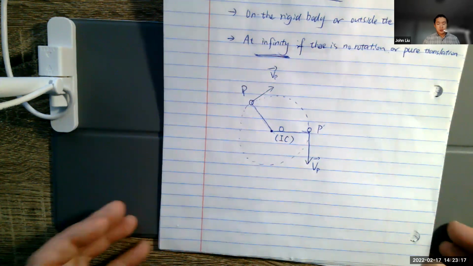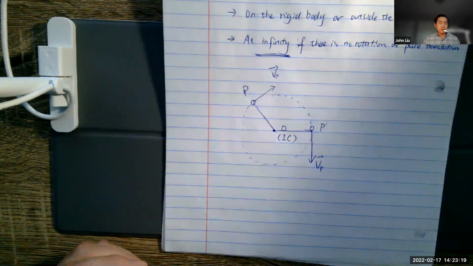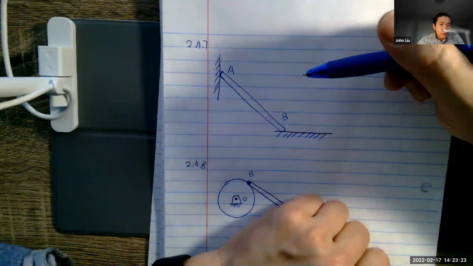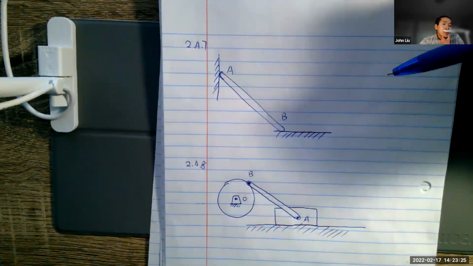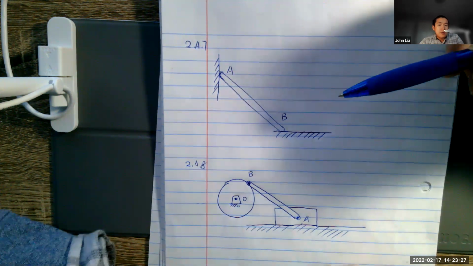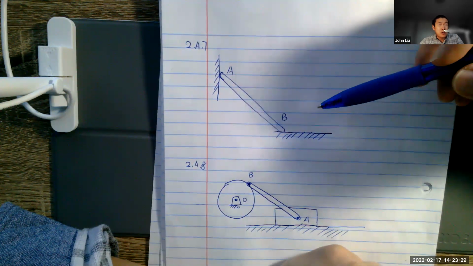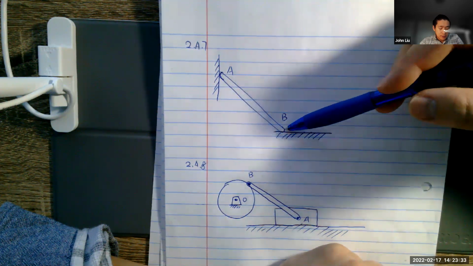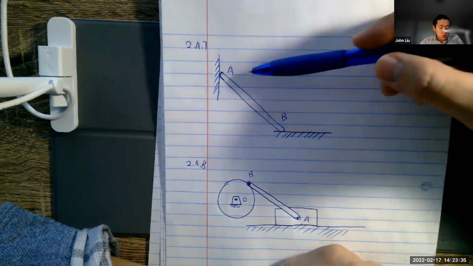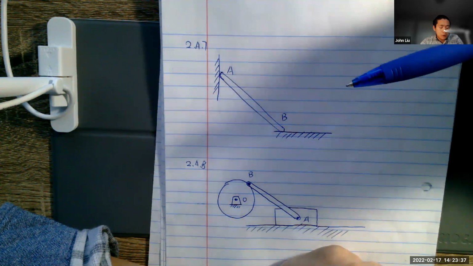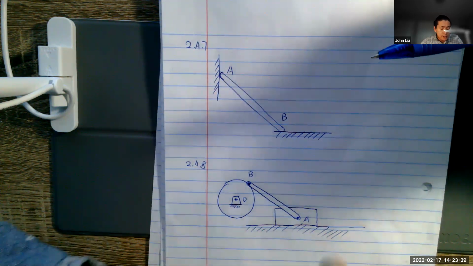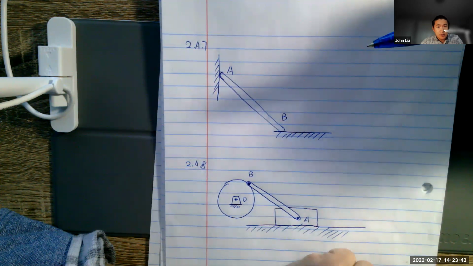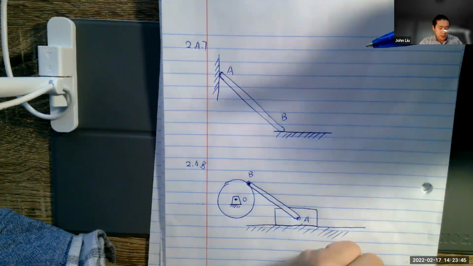Okay, so now let's look at this example together. We know the velocity direction is gonna be perpendicular to the line that connects either point A or point B to the instant center. So first, let's figure out the direction of motion. Where is the direction of the velocity vectors?